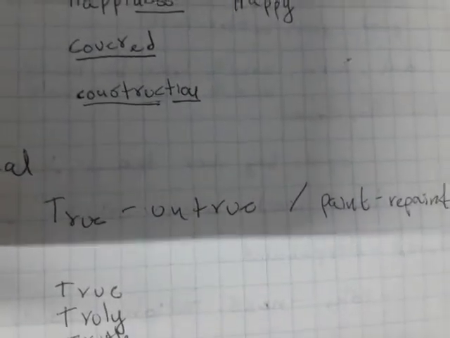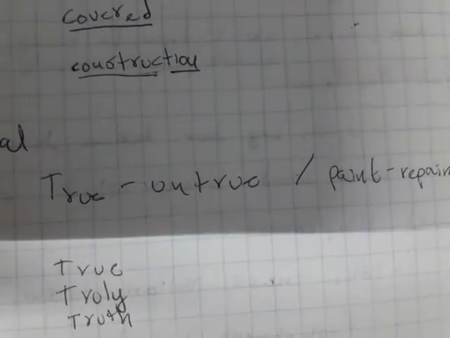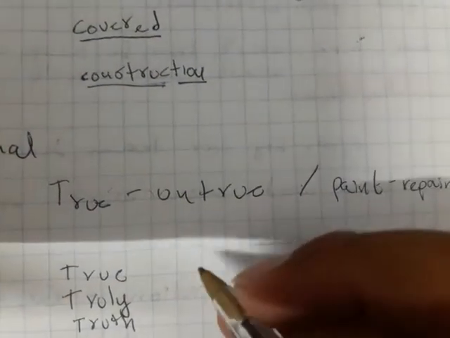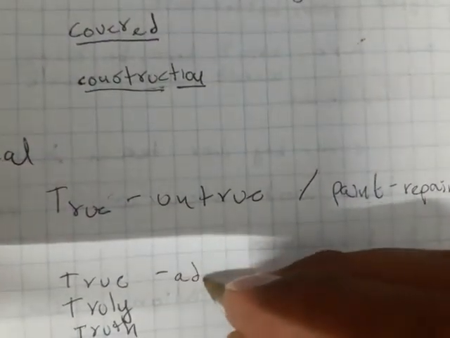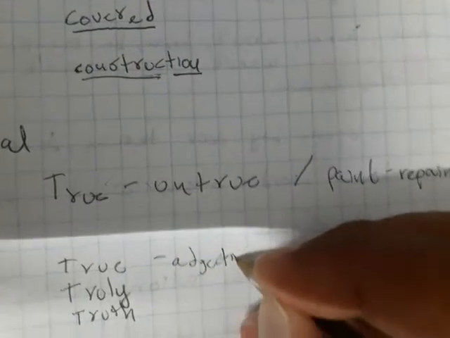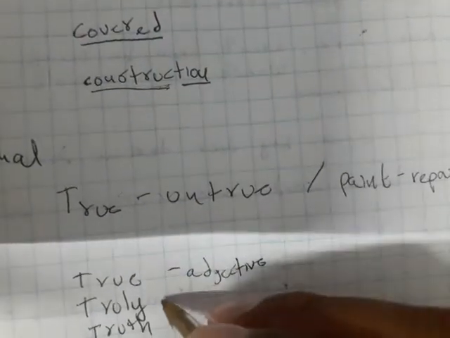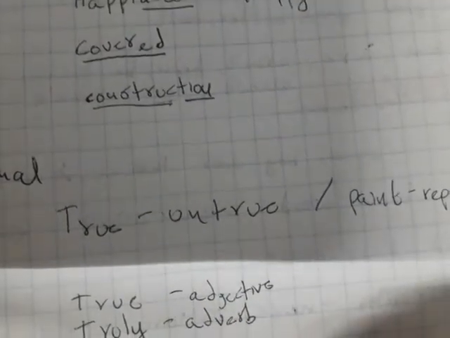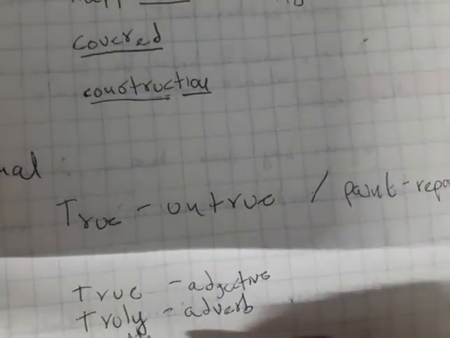And for the second one, they can change the lexical category of a word. Example: true, it's an adjective. Truly, it's an adverb. Truth, it's a noun.